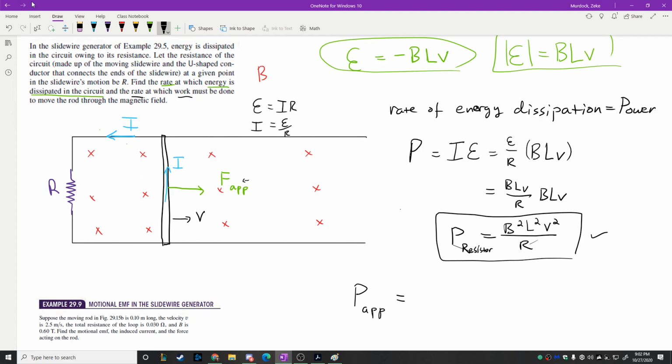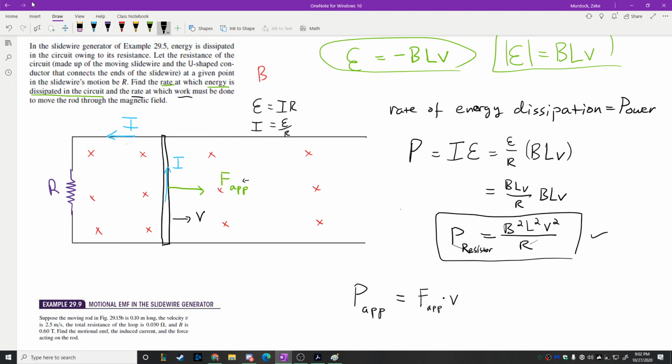What's the external power we need? So if I have force and velocity, how can I get power? Anyone remember that? Force times velocity, exactly. So if I do force applied, and I multiply by the velocity, that's going to give me power. Technically, it's a dot product, but they're in the same direction, right?